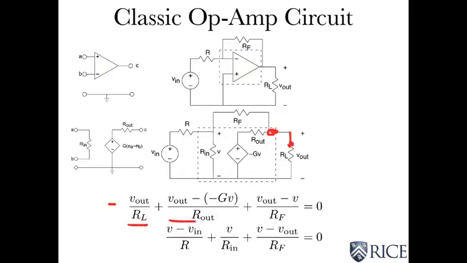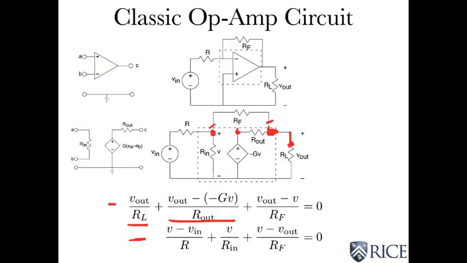The node voltage headed west is V out minus the minus GV, which is the voltage over there, divided by R out, and then finally V out minus V divided by RF. So that's the node equation at this node, and you can check to make sure I got the right node equation for that node. Okay, so it's pretty easy to write.